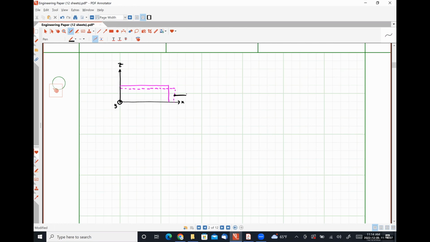So here is our force, still in the x direction. We have our initial length, and now we have some quantity delta L, okay? Because our beam has elongated.